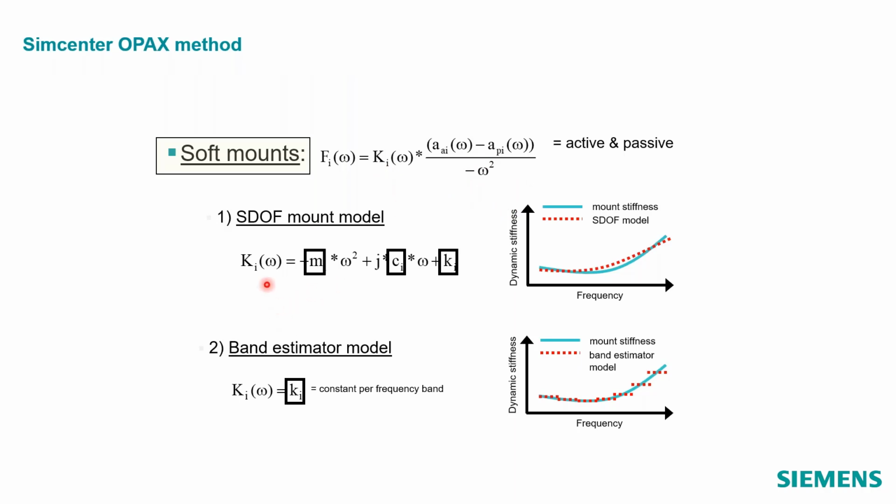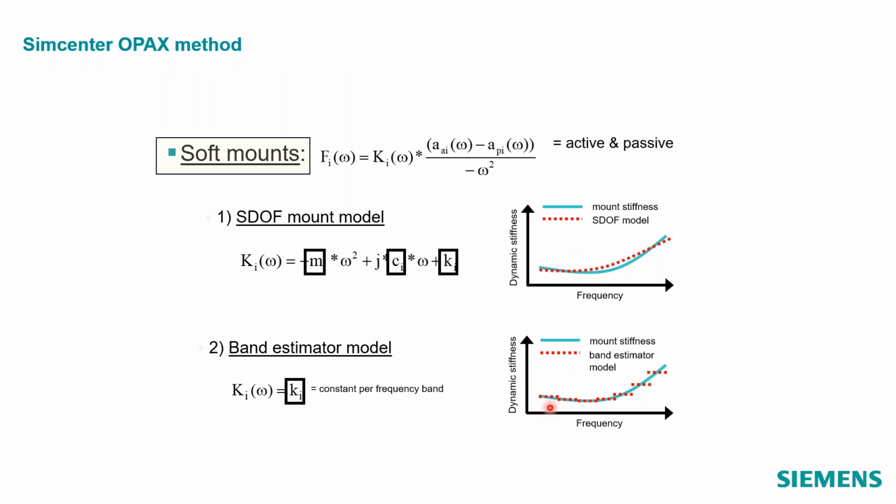And we're going to assume stiffness either through a single degree of freedom mount model, where we have three unknowns, mass, damping, and stiffness, or we assume a band estimator model, and we assume K is constant within a certain delta F. So perhaps you could assume K is constant across a 30 Hertz or a 60 Hertz band. So here, in the single degree of freedom mount model, I have three unknowns for every path.